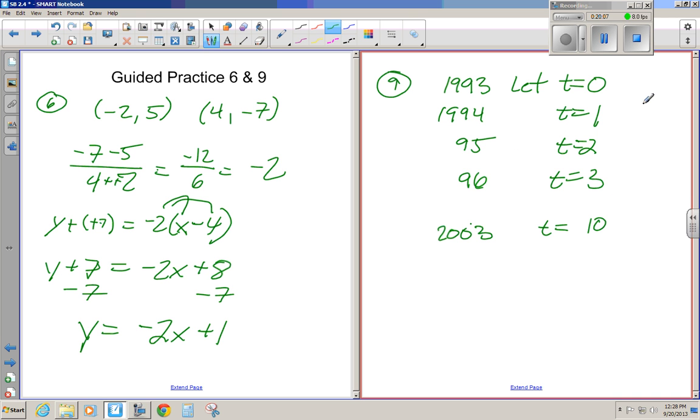So what we've got now is some information. We know that at t equals 0 and t equals 10, there are a certain number of participants. So in 1993, it was 3.42. In 2003, 3.99.